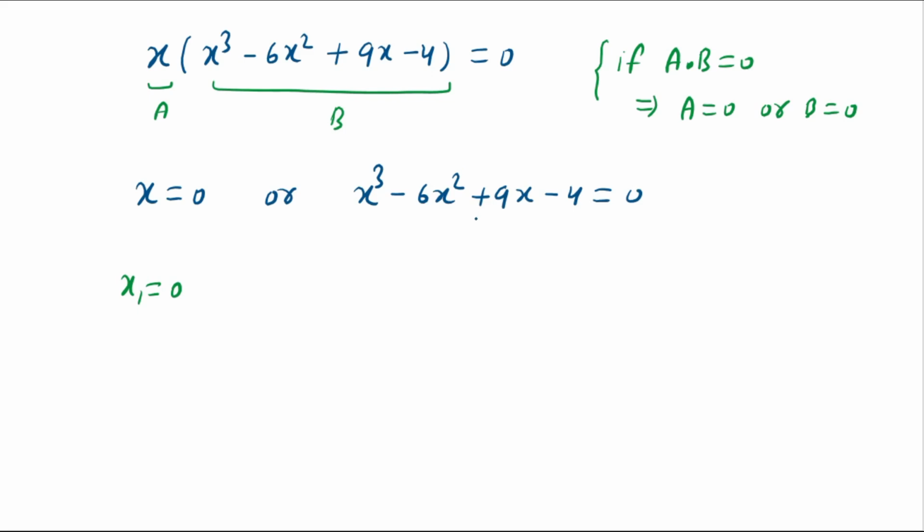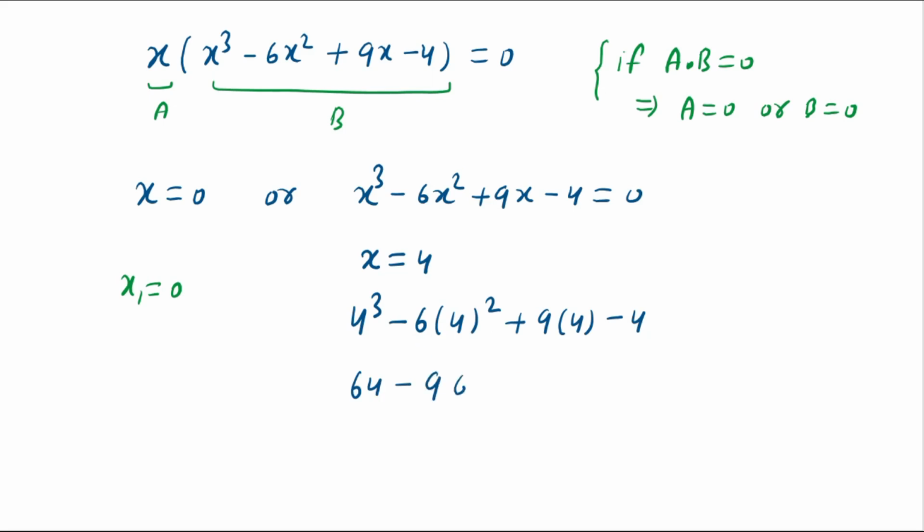So first we will factor the left hand side. If we substitute x equals 4, then 4 power 3 minus 6 times 4 power 2 plus 9 times 4 minus 4. 4 power 3 is 64, minus 4 square is 16, 16 times 6 is 96, plus 9 times 4 is 36, minus 4.